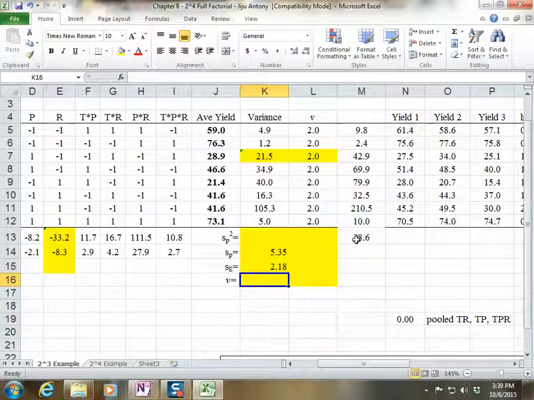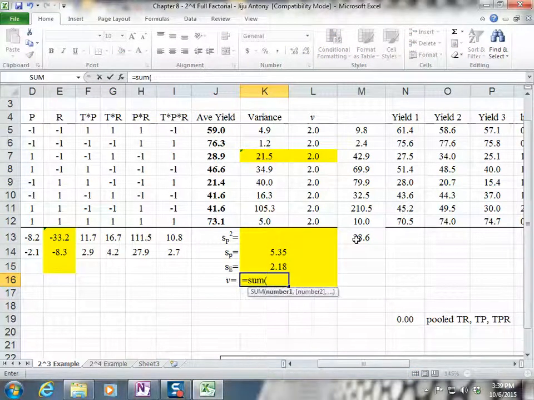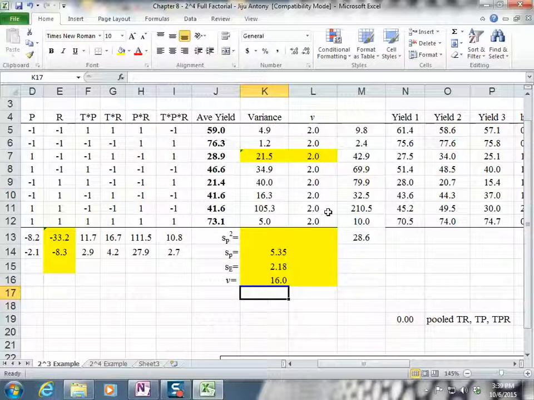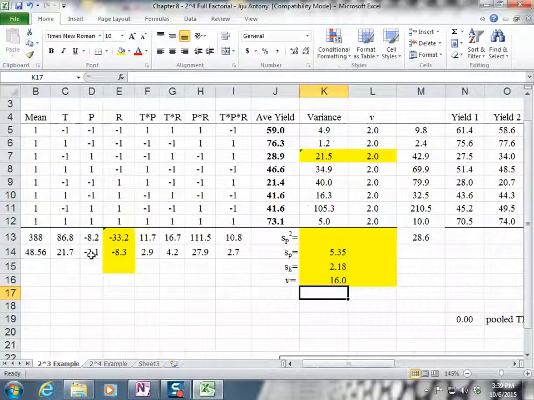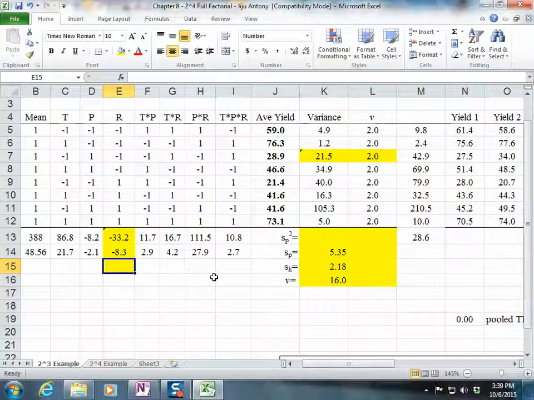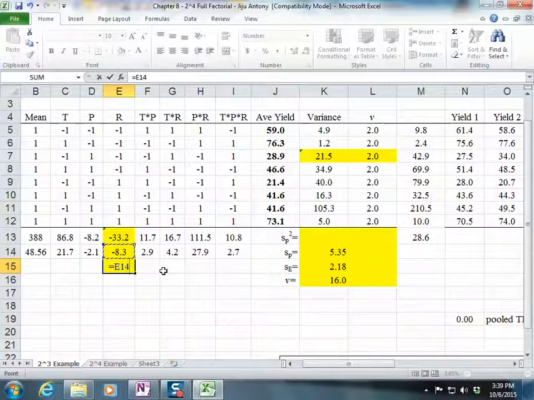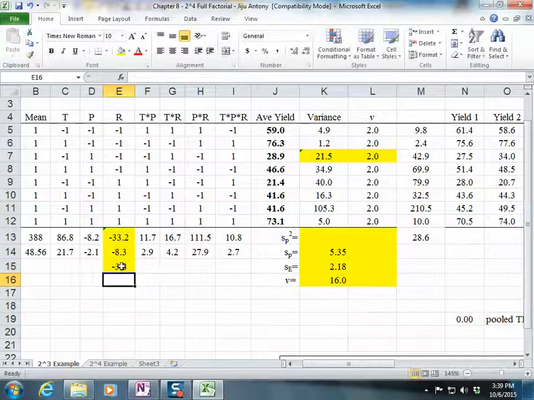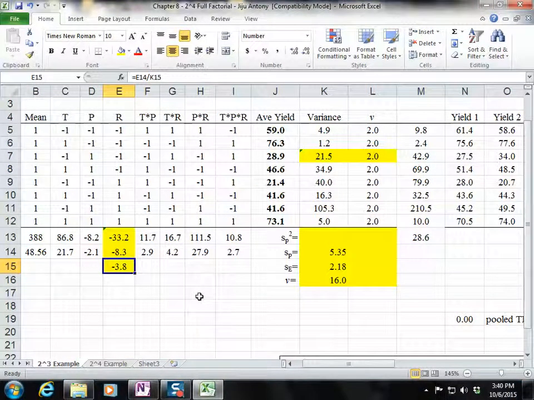I know it's 16, but I want to show you where it came from. So this t value will be the effect divided by that noise: negative 3.8. Did you get about that?